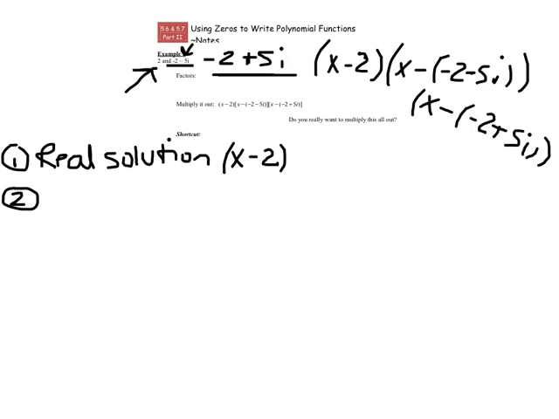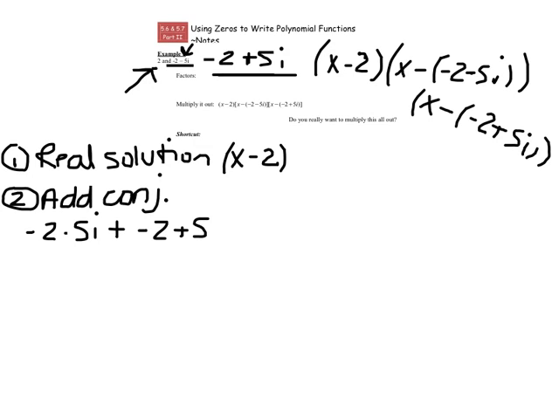Number 2, you're going to add the conjugates together. So we have -2 minus 5i, and then plus the -2 plus 5i. I'm also going to write an x squared here because we know that there are two conjugates. So we have our x squared.